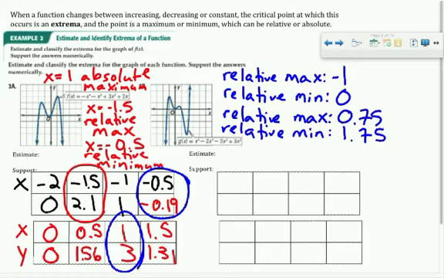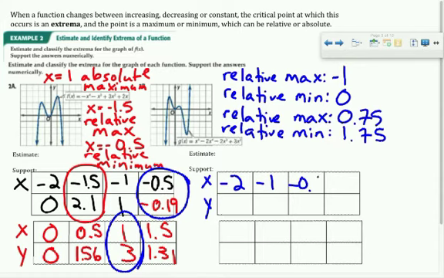And in order to support them, we plug some values in on both sides of these values, trying to make sure that things look like they're going to a maximum or they look like there's a minimum. So I might plug in -2 for x before I plug in for 0.